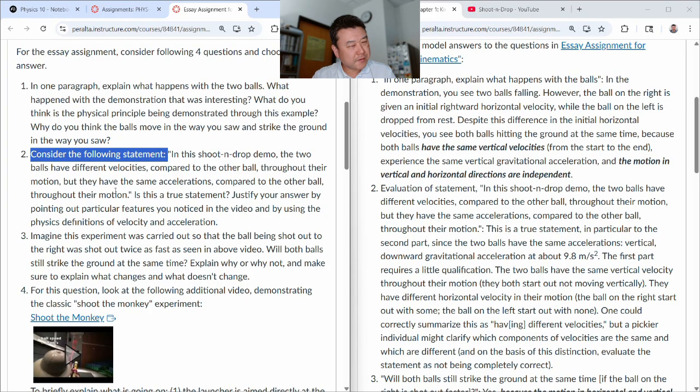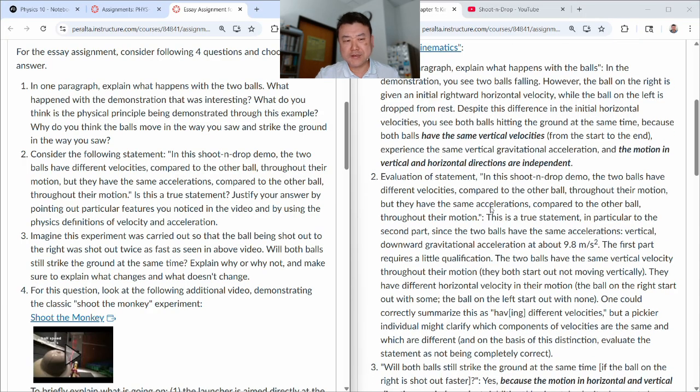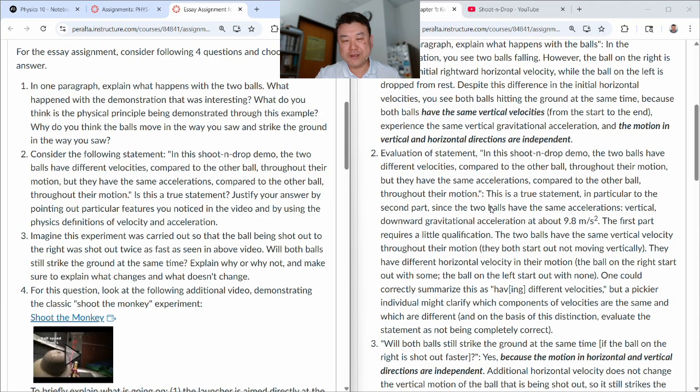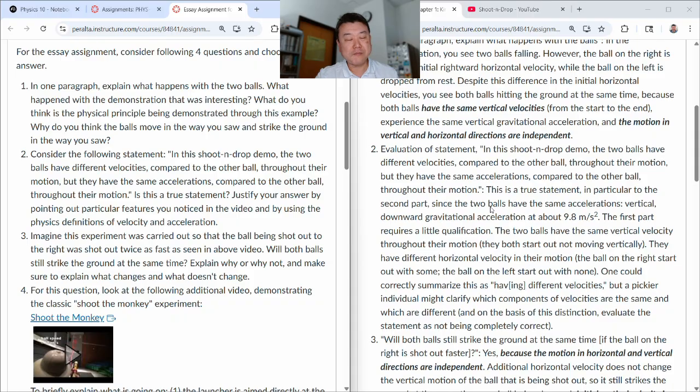Is this a true statement? Justify your answer by pointing out particular features you noticed in the video and by using the physics definition of velocity and acceleration. I guess nothing stops you from looking at the model answer as I'm reading out loud the question. But I do want you to give it some thought before you look at the model answer.